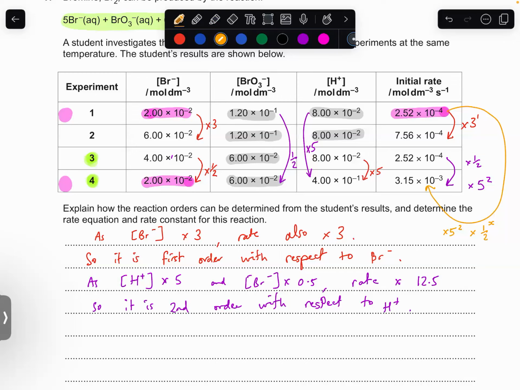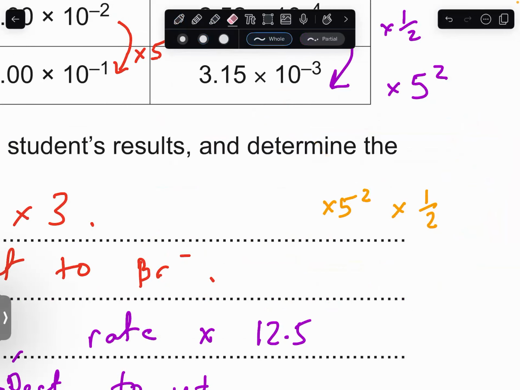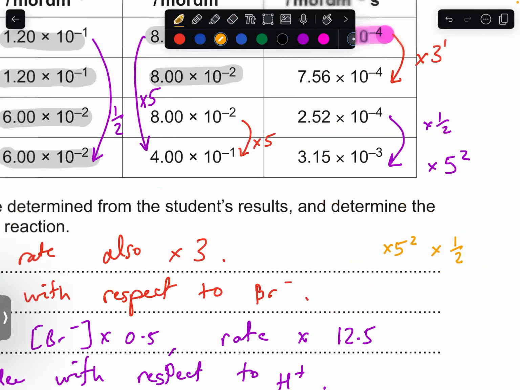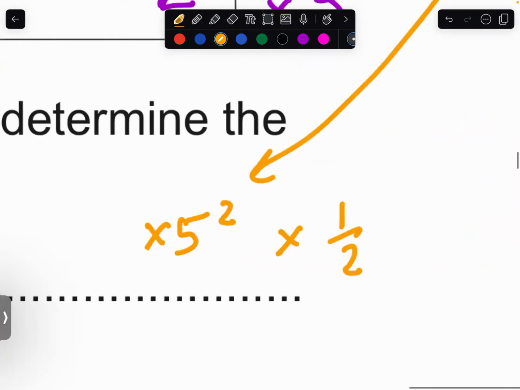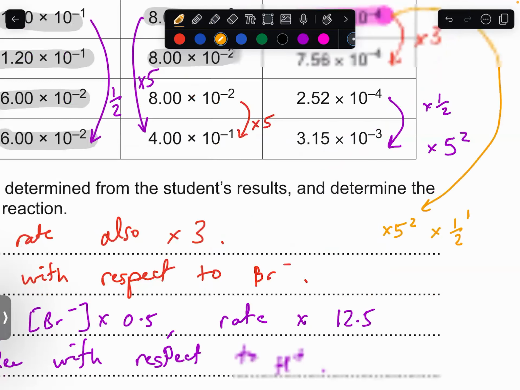Let's just multiply it by another half. Yep, and we get the same answer. So it turns out that this x here is to the power of 1. So how would we word that?